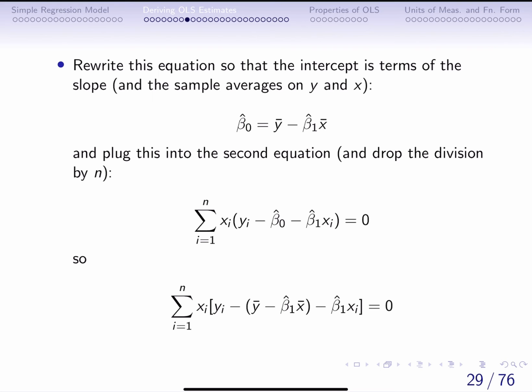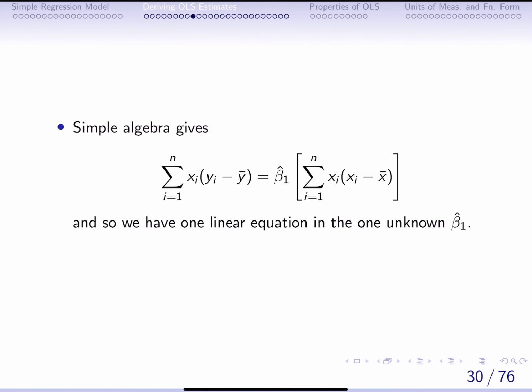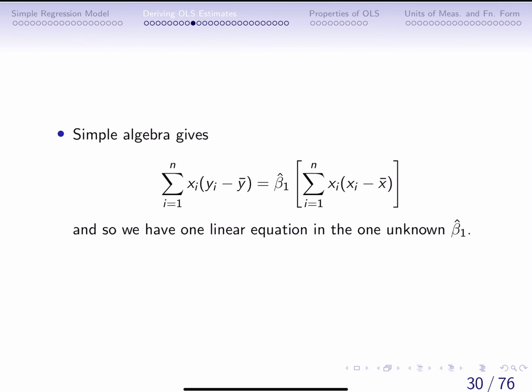So we can do a little bit more algebra and get to basically this slope parameter, the slope estimate that we were interested in, which is in terms of x and y. Here we can see that we have this equation, and there's only this one unknown.